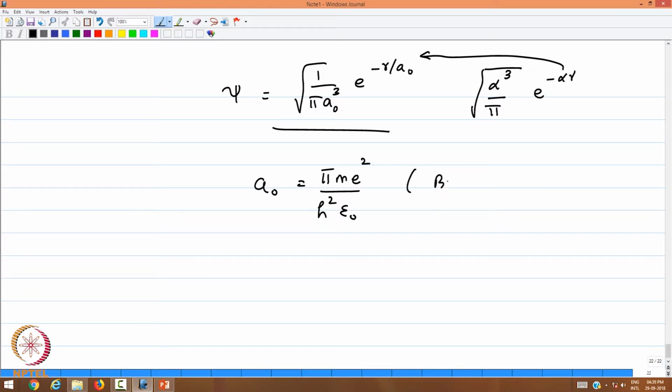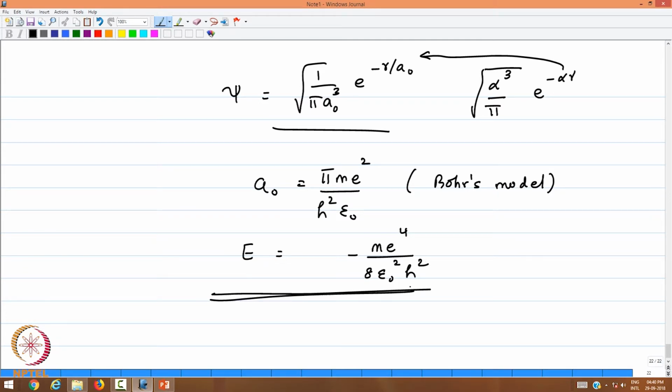This is from the Bohr's model, and the E that you calculate is minus m e raised to 4 by 8 epsilon square h square. This is what you will get when you realize that alpha is 1 by A naught, and therefore the average value E is exactly the ground state. This is the ground state energy.